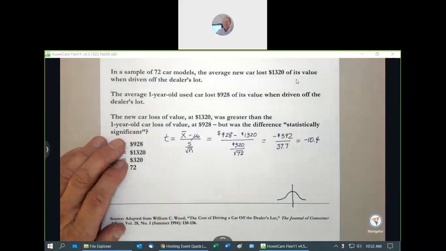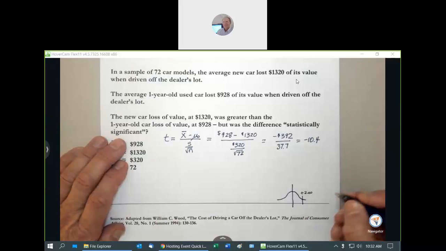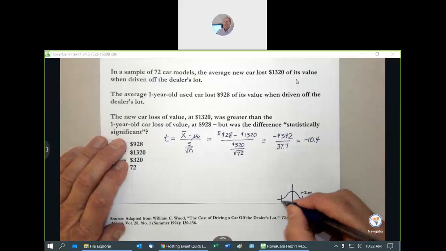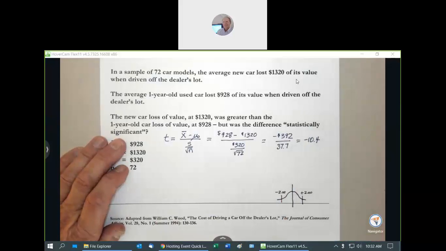What that's telling us is that if the null hypothesis is correct, and those new and used car losses of value are about the same, most of the time we're going to have our results come in between plus 2.00 and minus 2.00. That is, if the null hypothesis is right, 95% of the time, we're going to be somewhere between those two numbers.